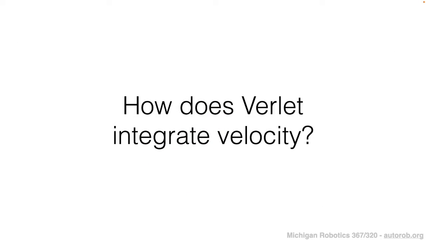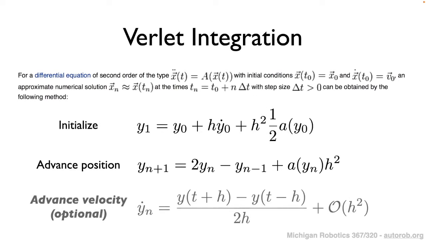Now that we saw the Verlet integrator working, it's worth pointing out that the equation update that we were talking about actually didn't update the velocity. So one question you might be asking is, how does Verlet integration incorporate an update to the velocity? There is an approach that you can use to update the velocity at the next time step, as well as the position.